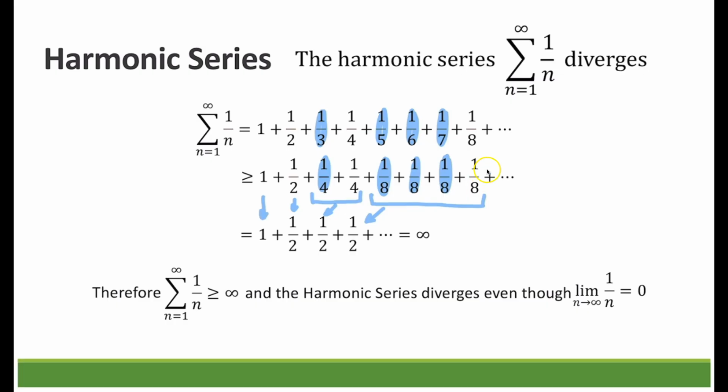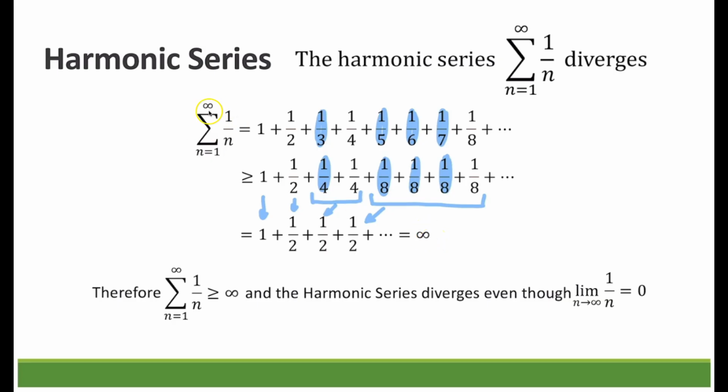We can convince ourselves we could do the same thing if I keep going out. If I have 1/16 and I have 8 copies of that, that's another 1/2. So 1 plus a half plus a half plus a half, if I keep adding a half, that number just keeps getting bigger and bigger, and it's going to infinity.